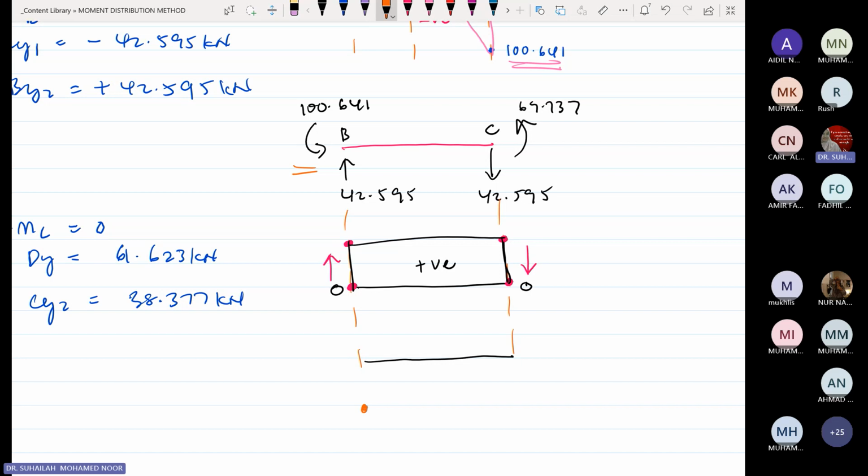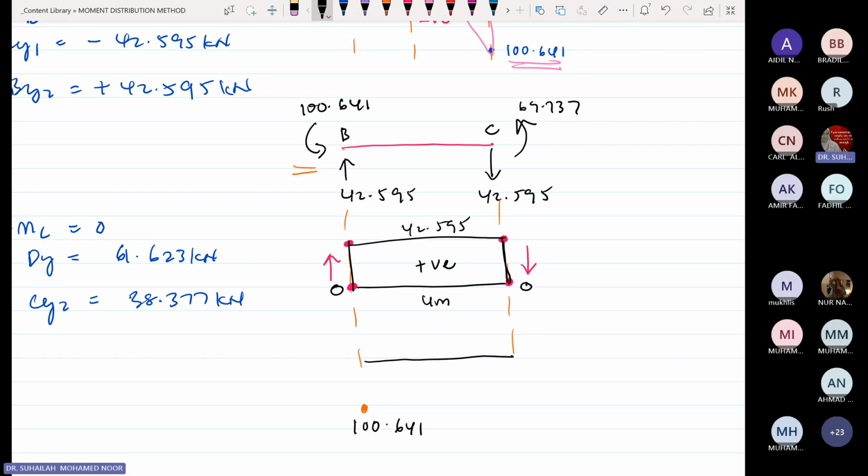Okay, it is 100.641. Now negative 100.641 plus the area of rectangular. Kan yang ni distance dia 4 meter and it is 42.595. Okay.